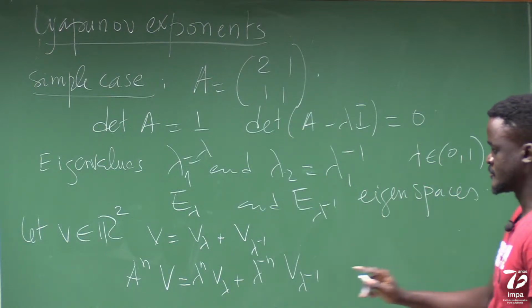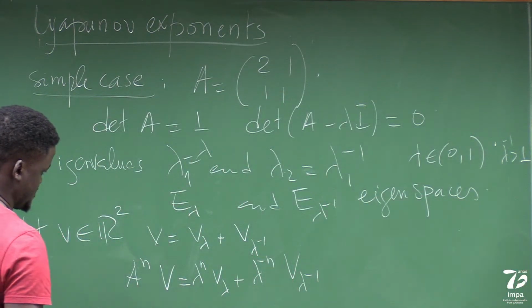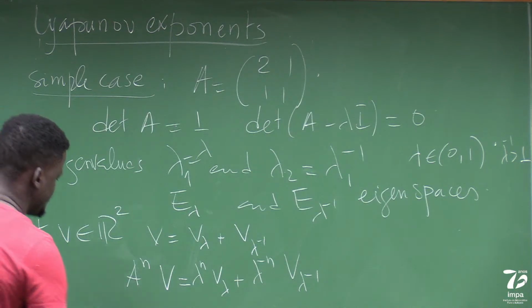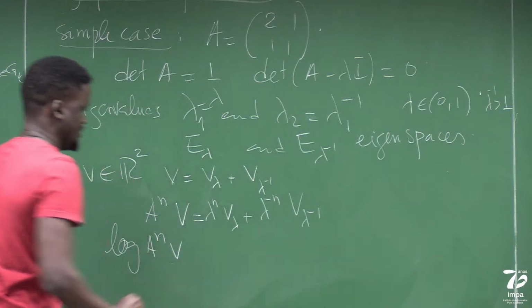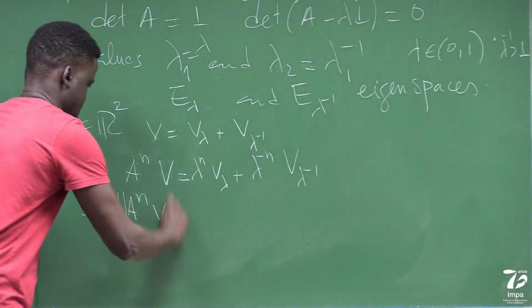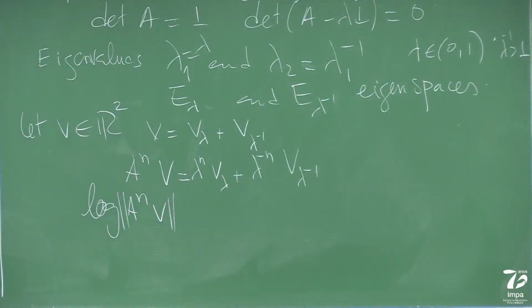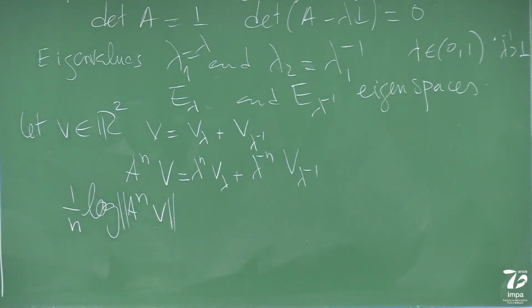If you look at the log of the norm of A to the n v, and you divide by n, where is this going?